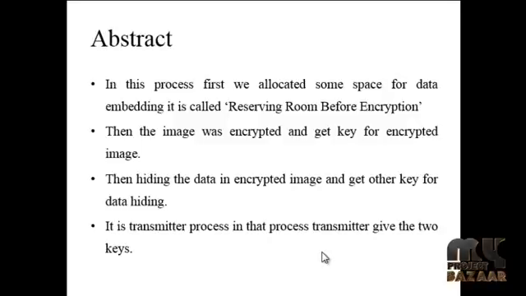Reserving room before encryption improves the PSNR value of the output image. It means the output has less distortion relative to the input image, because some space is allocated for data hiding, so there is less distortion in the input process.